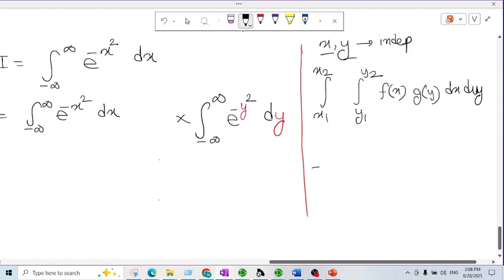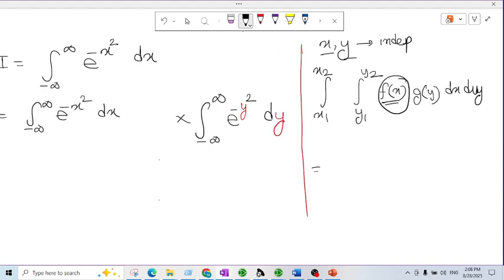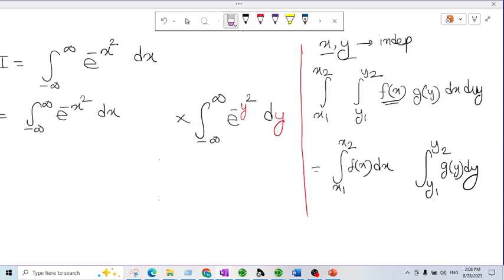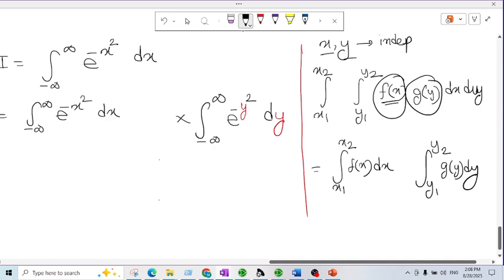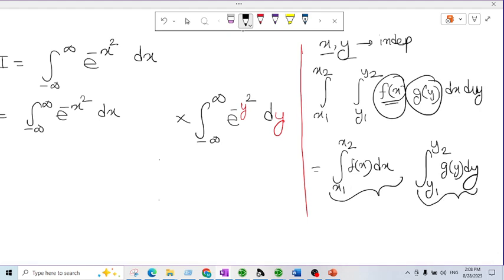What can we write this as? f of x is only a function of x, so let's integrate it with x. Similarly, g of y is only a function of y, so let's integrate it with y. Because x and y have no dependency, f of x and g of y have no dependency, so we can integrate f of x alone and we can also integrate g of y alone.